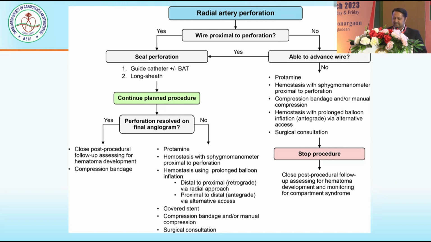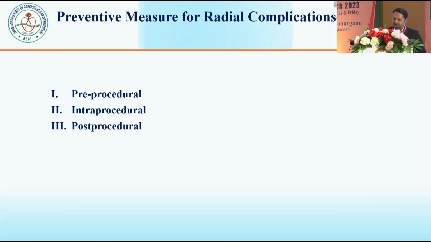If yes, then seal the perforation with the balloon technique, or guide catheter or long sheath catheter, then continue the procedure, perform the final angiogram, and follow up with a compression bandage. If the wire is distal, try to advance the wire. If no, we can reverse heparin with protamine, apply compression bandage, achieve hemostasis with prolonged balloon inflation, seek surgical consultation, then stop the procedure and follow up post-procedure.